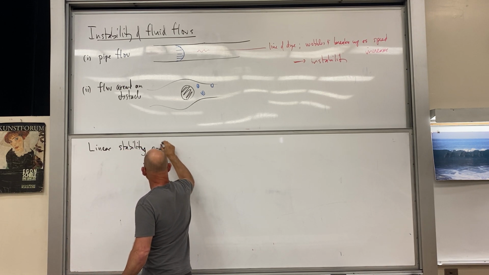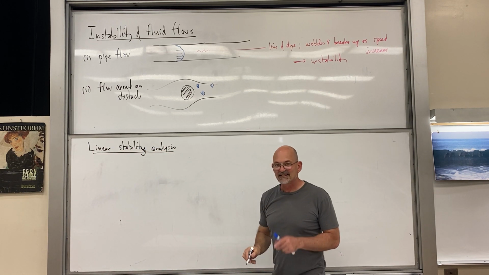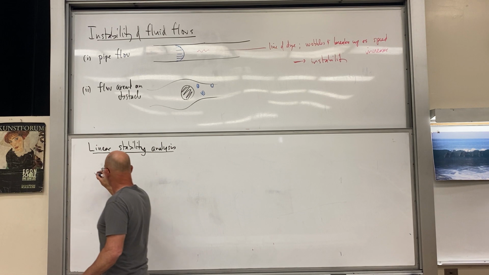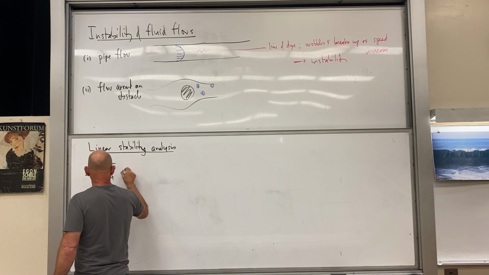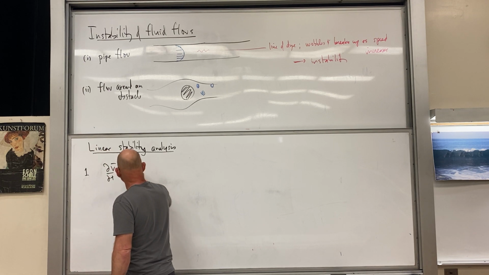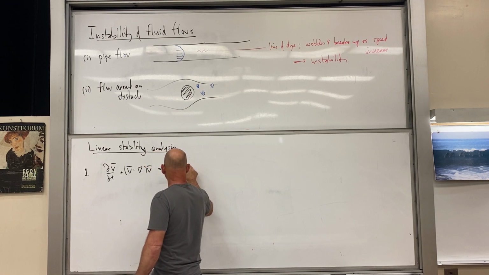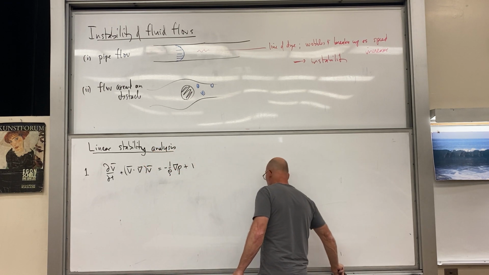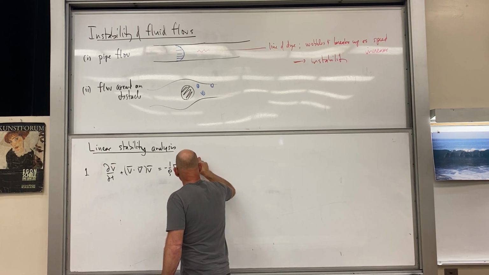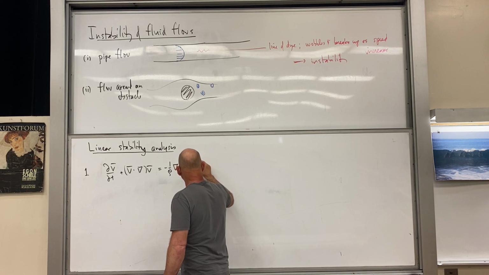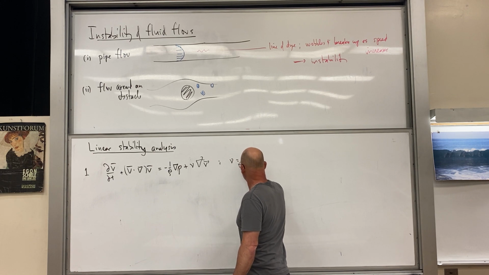Stability analysis. So what we're going to do is take a steady state solution. So here's what we have. We have, first of all, the Navier-Stokes equation, and we'll just write it out with the viscosity, nu del squared V, and you guys remember nu is equal to eta over rho.